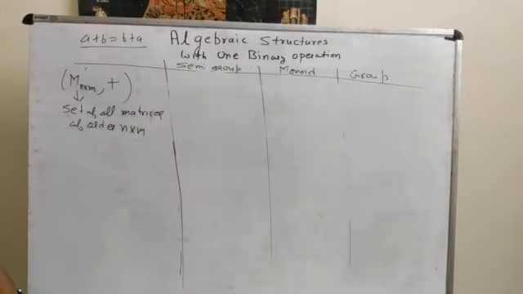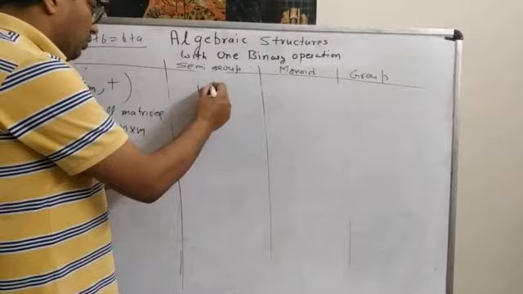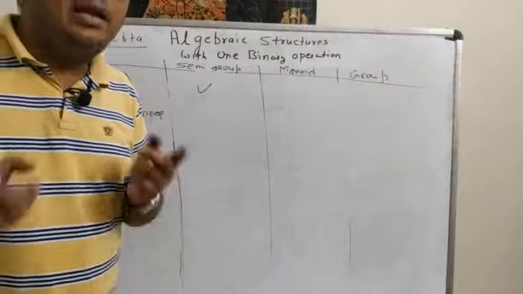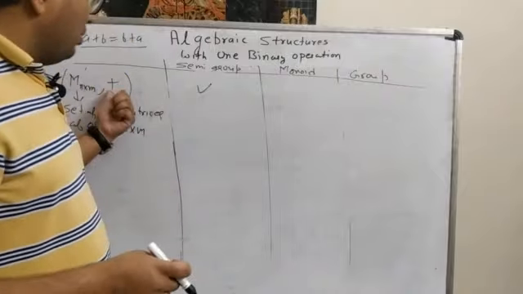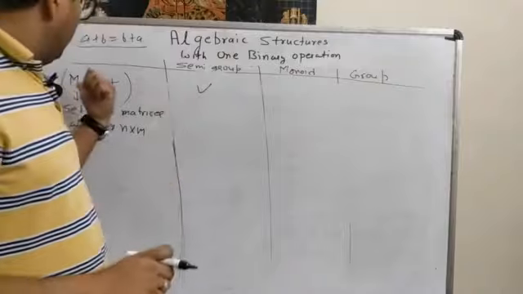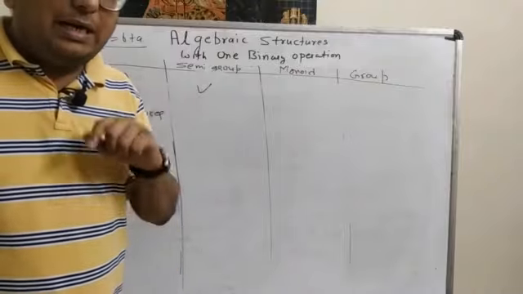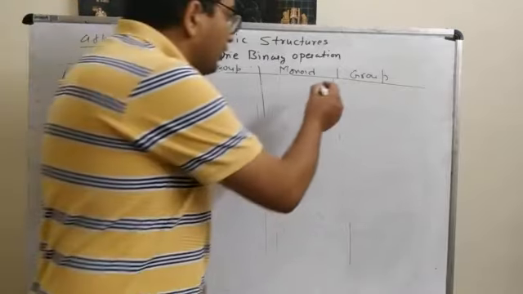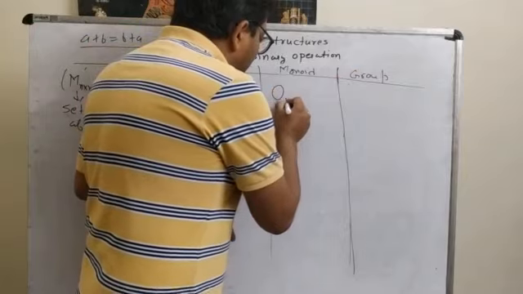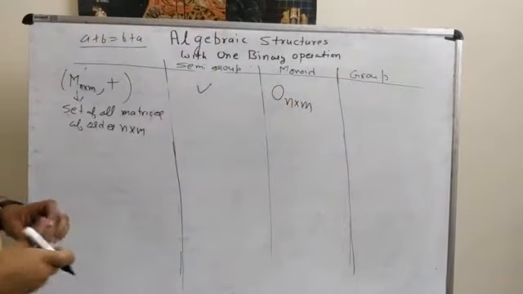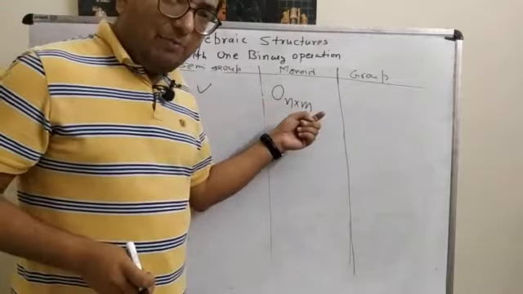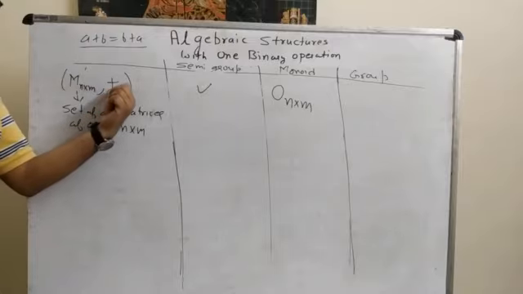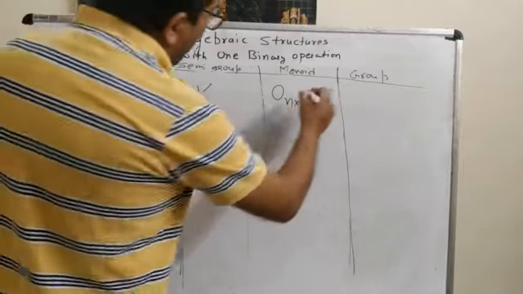And we have already discussed that it is a semi-group because if we add two matrices of n cross n order, we again get a matrix of order n cross n. So the matrix addition is closed under this set. Second thing, we know that matrix addition is associative in nature, so it will become a semi-group. Similarly, we talk about monoids and we discussed that O n cross n, the null matrix of order n cross n, will become the identity of this particular set with respect to matrix addition. So this is a monoid also.